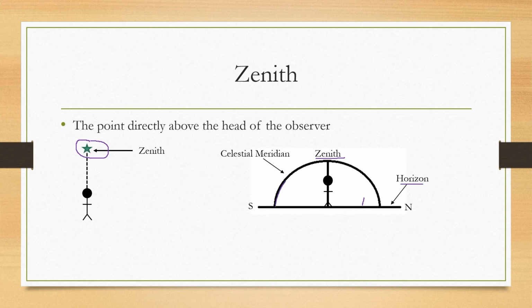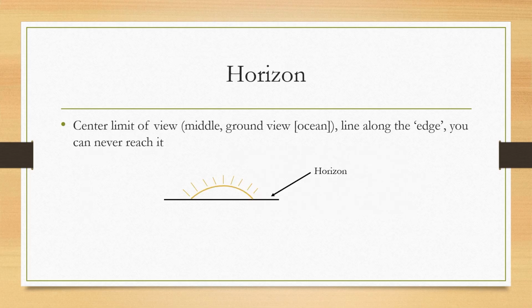The actual dome is the celestial meridian. The horizon is the center limit of view. It is the middle, the ground view. Basically, when you're standing at the ocean, the line that you see curving is the horizon. It is a line along the edge, and you will never, ever be able to reach it. It's also where the sun sets.